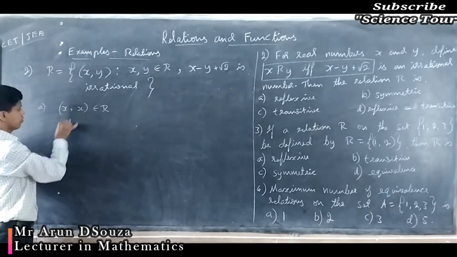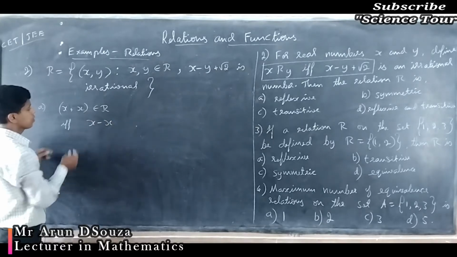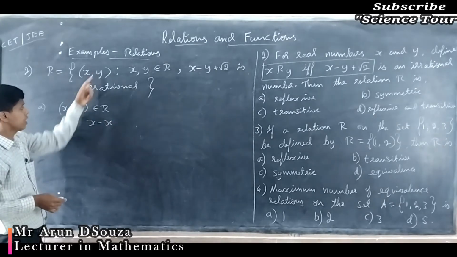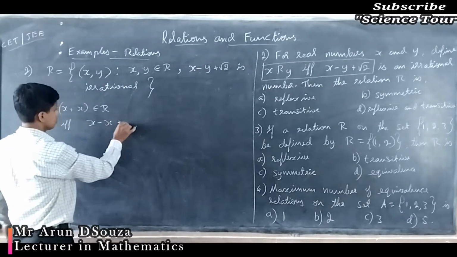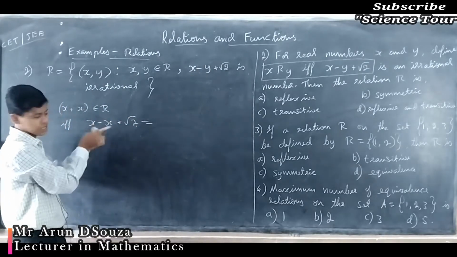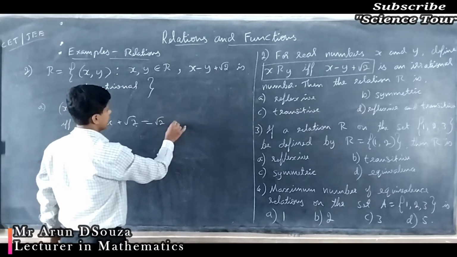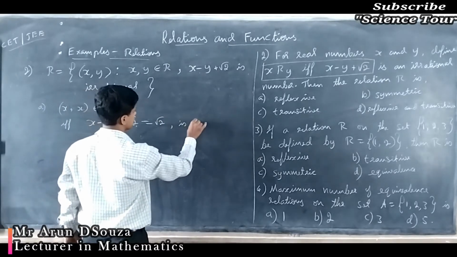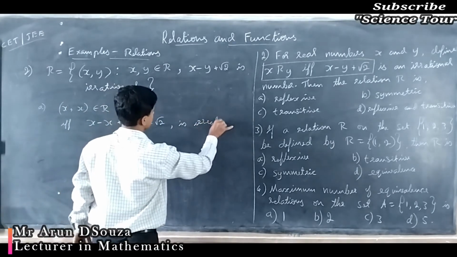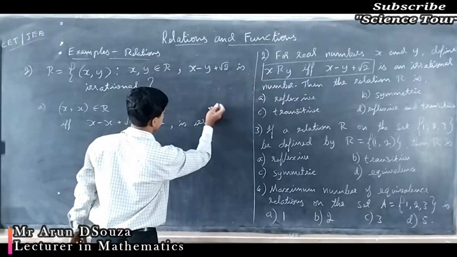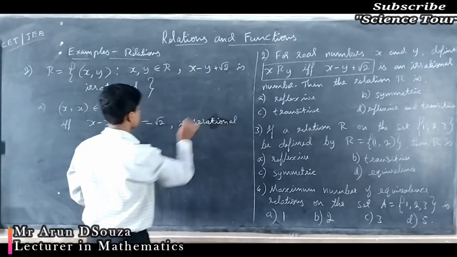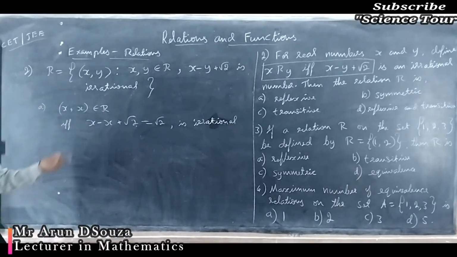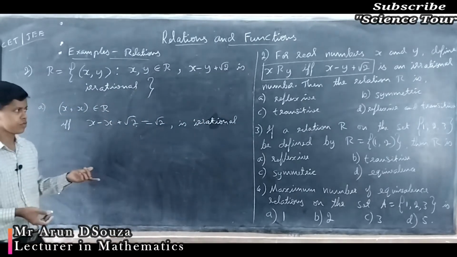If and only if x minus y, but in place of y I have got x now, so let me write x here, plus root 2. So what do you get? x minus x cancels, you get root 2, and this is irrational. Correct? Yes.